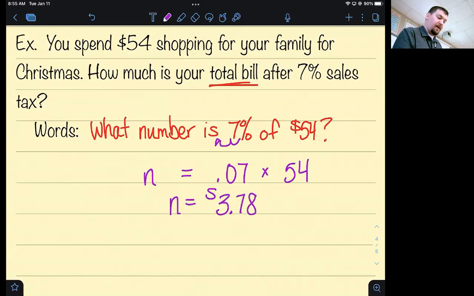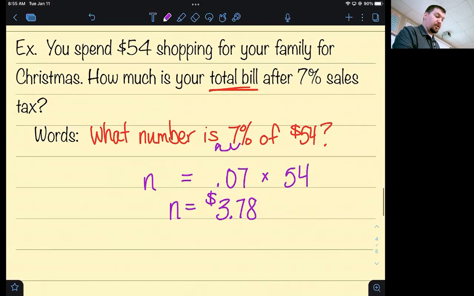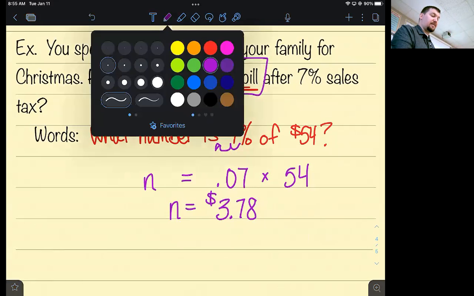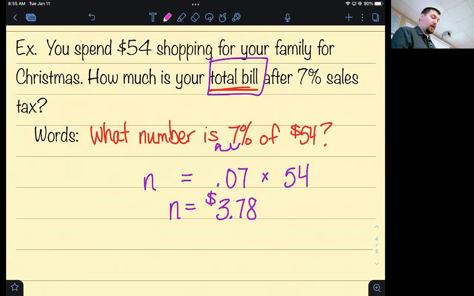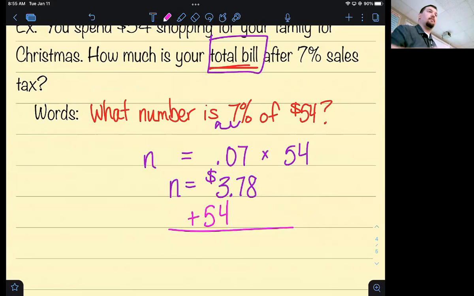So this is a dollar amount. Now that I know that I'm going to have to pay an extra $3.78, it wants to know, again, the total bill. So we're going to add that sales tax onto our $54 bill. And so what am I paying in total for Christmas? $57.78.